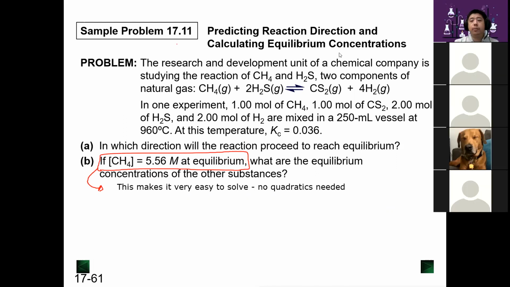Okay, is anyone having trouble setting this up? How many of you just need more time with it?